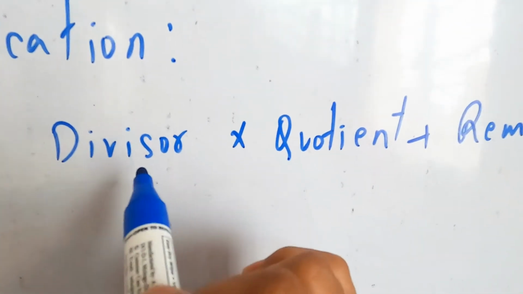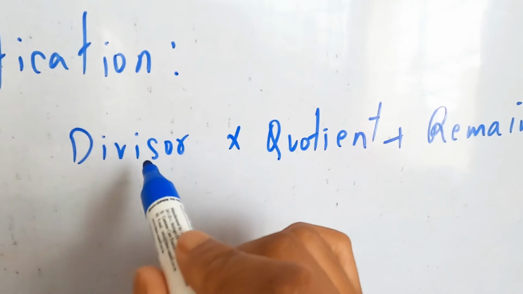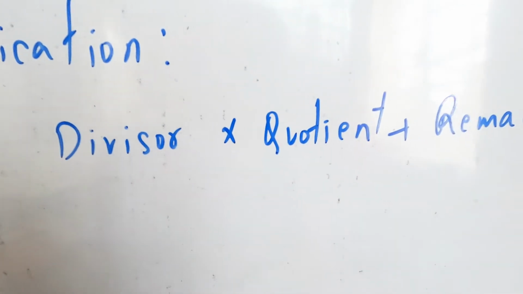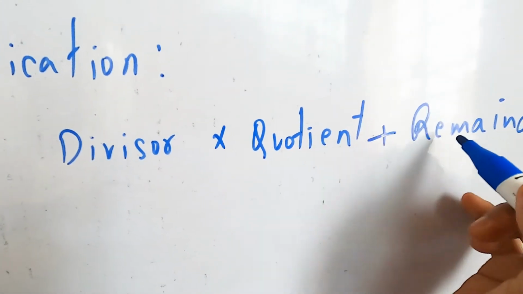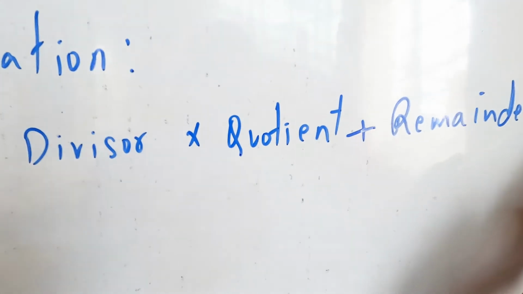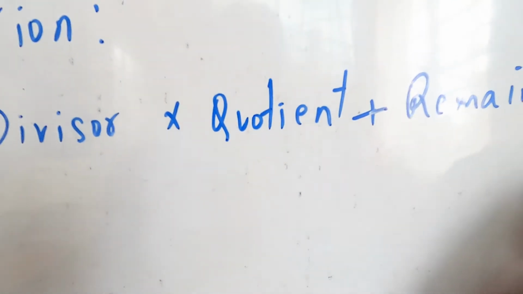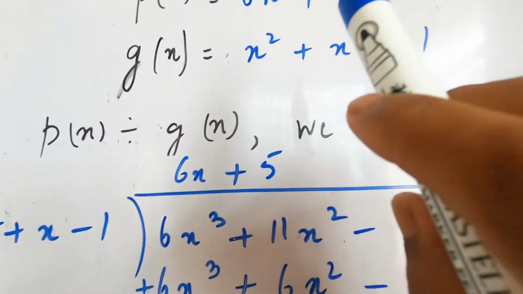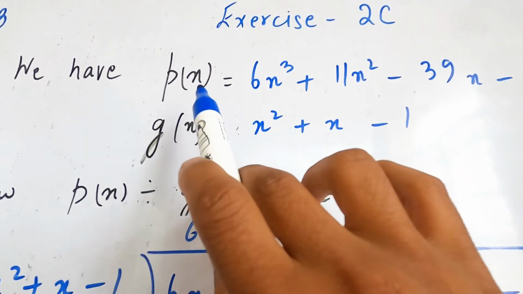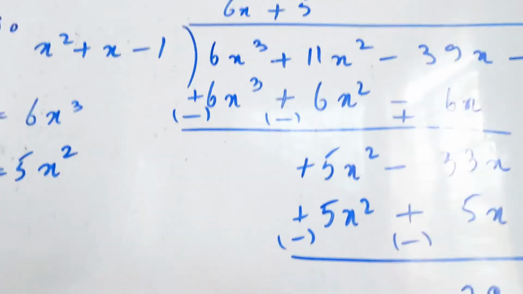So we will multiply the divisor into quotient, and add the remainder, and we will see whether it is equal to the dividend. All right, we will see whether it is equal to px or not.